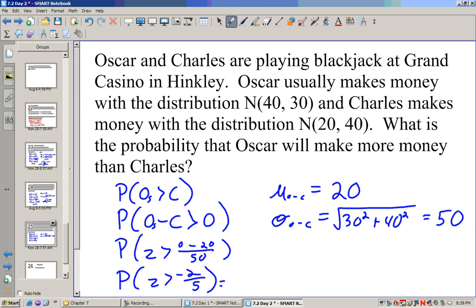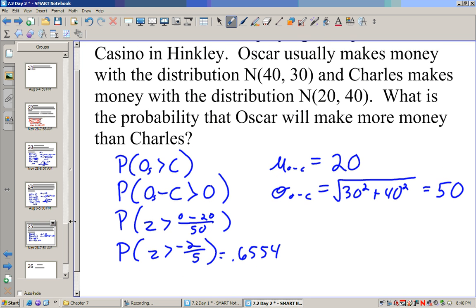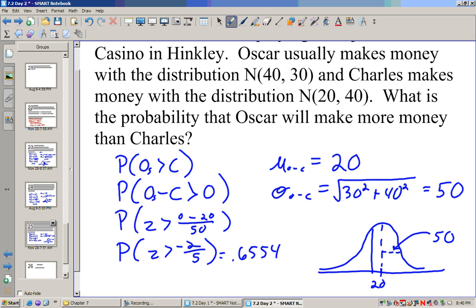I'll go to my calculator. Normal CDF from negative 2/5 to a very large number, which is 0.6554. And that's my answer. Now, if I draw out my normal distribution, we have a mean at 20, a standard deviation at 50, and I want to find the probability that's greater than 0. That would be about from there to the right. So I'll color that in.